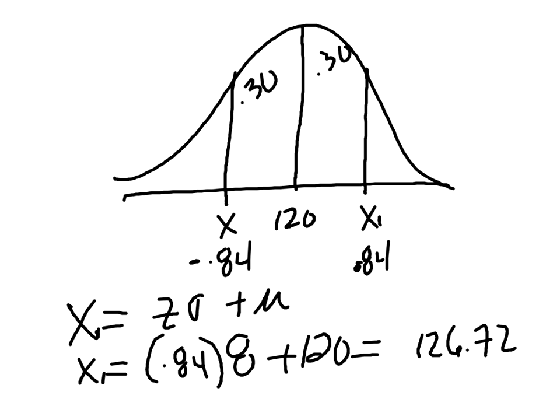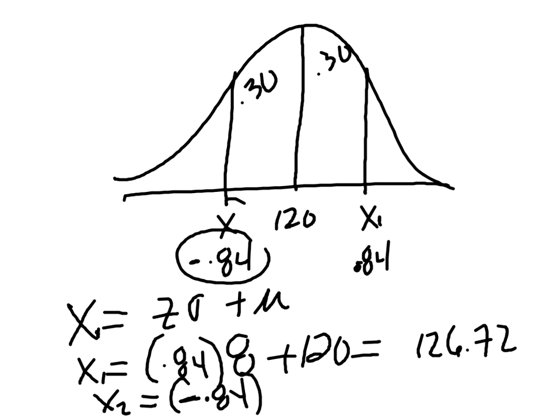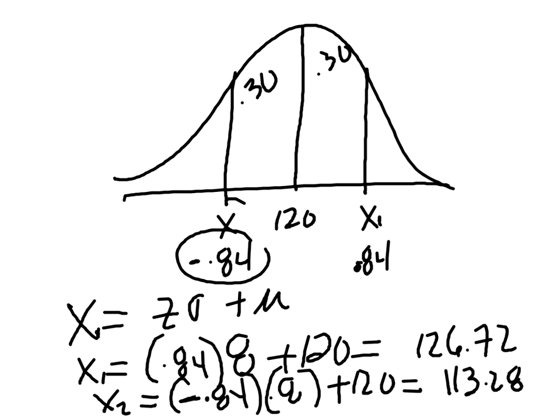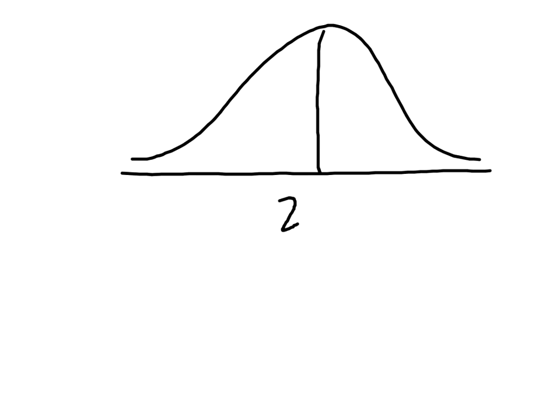Now if we wanted to find the second blood pressure value, it would be minus 0.84. Keep in mind we're on the other side of the mean here, times 8 plus 120. And taking the book's word for it, that turns out to be 113.28. So to summarize, 120 is the average blood pressure.